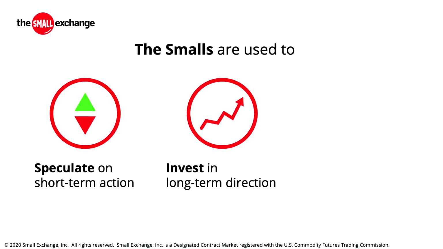You don't have to worry about that big ZN contract, selling that and tying up a bunch of capital for a product that's too big for you, or selling TLT shares and having to put up all the money that it takes to get short shares of an ETF or a stock. So great for investing as well.